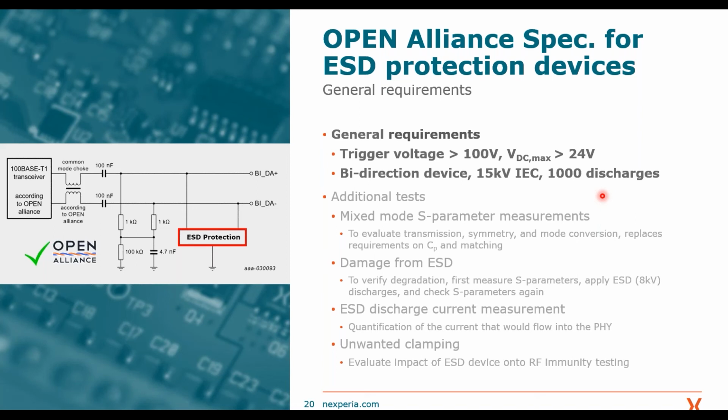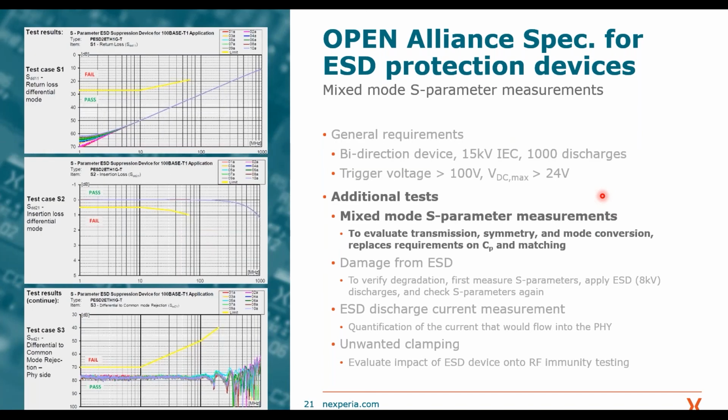The first two will be somehow related to the signal integrity, because due to the higher bandwidth and higher data rates at Ethernet, not only ESD itself should be considered, for sure, but also the signal integrity is considered very strongly, and we want to address this here.